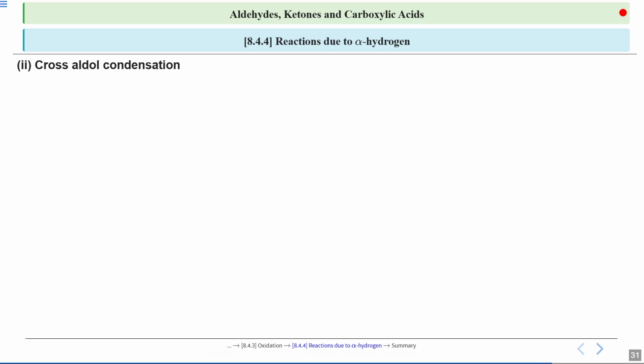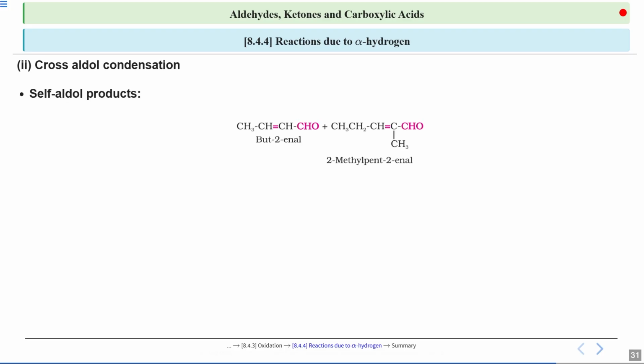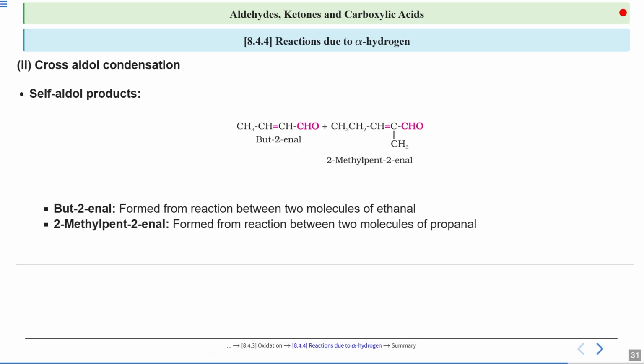So if we continue, first we will get 2 self aldol products. First one is but-2-enal and the next one is 2-methylpent-2-enal. That is, but-2-enal is formed when the reaction is between 2 ethanal molecules. So this is a self-aldol product. And 2-methylpent-2-enal is formed from self-aldol between propanal molecules.